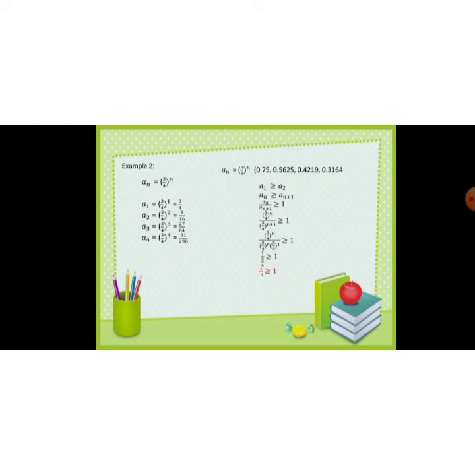So 3 over 4 raised to the power of n over 3 over 4 raised to the power of n plus 1 is greater than or equal to 1, and 1 over 3 over 4 is greater than or equal to 1, and 4 over 3 is greater than or equal to 1. So our sequence is decreasing.